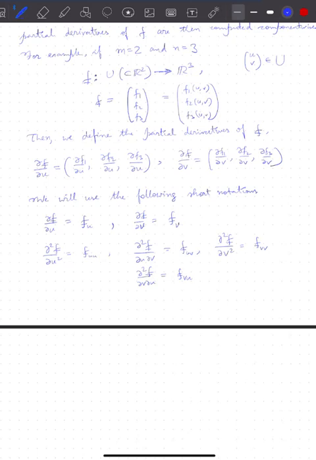And it so happens that there is a theorem which says that for a smooth function, f uv is the same as f vu. So f vector uv is equal to f vector vu if f vector is smooth.